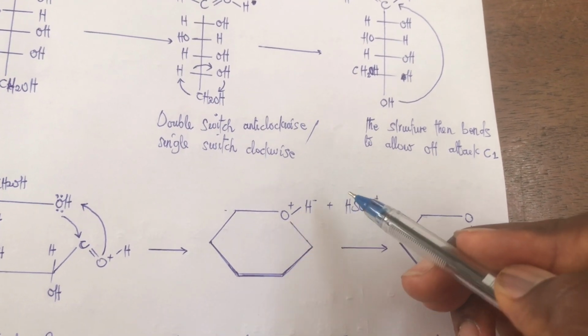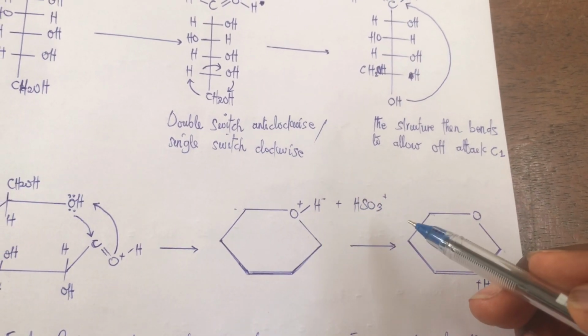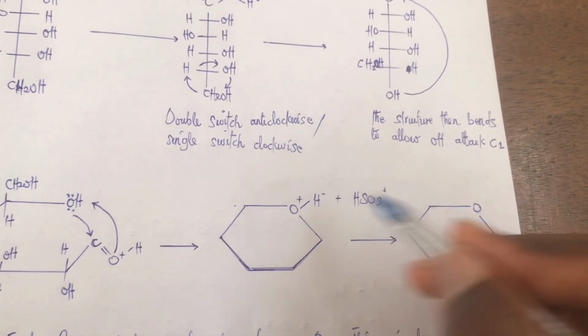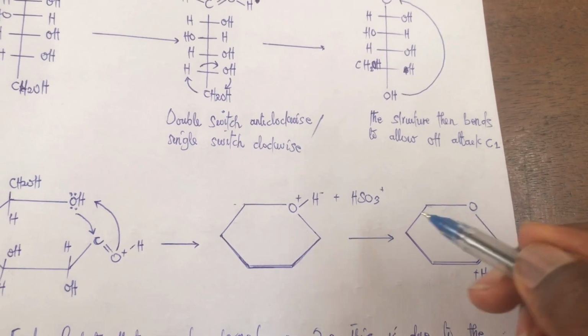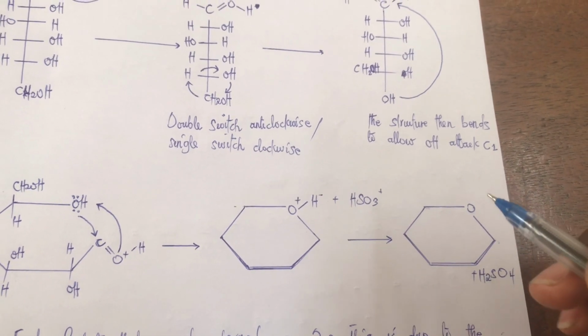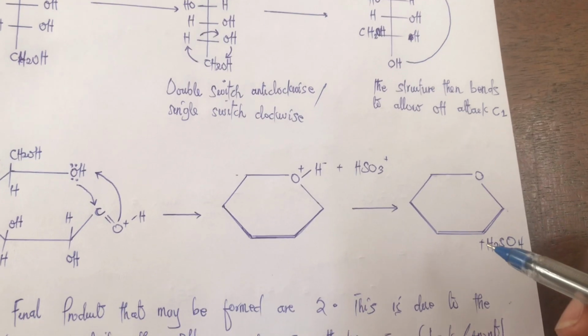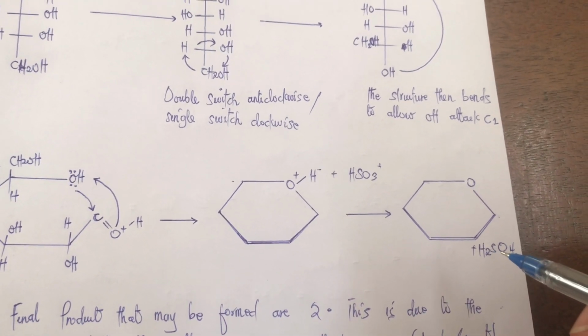So you're having minus and you're having positive. Later, it's going to take it back. Now, when it takes it back, we have only oxygen here. So this is actually the structure of glucose, still in the acidic medium, as we are still having our H2SO4.